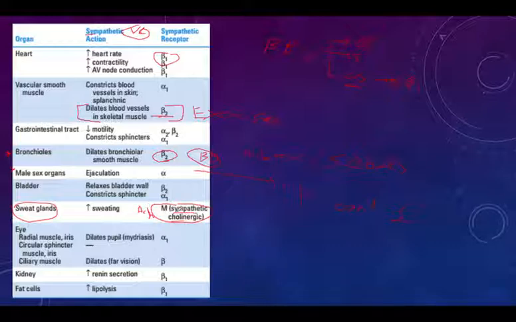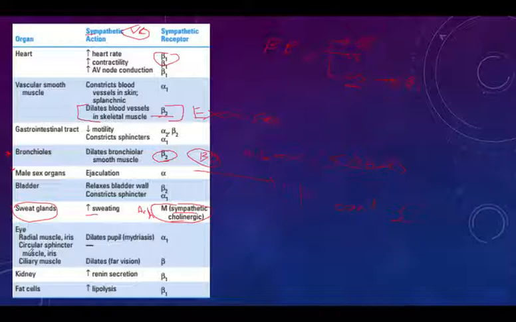But it won't help, or it'll minimally help, the sweating, because this is not a process mediated by beta receptors. So when you prescribe a beta blocker to these patients, a lot of times their sweating can continue.